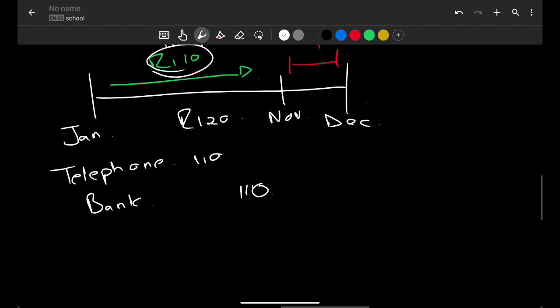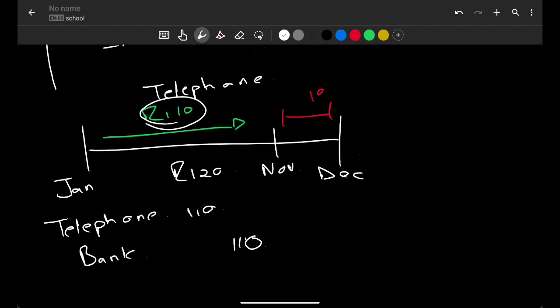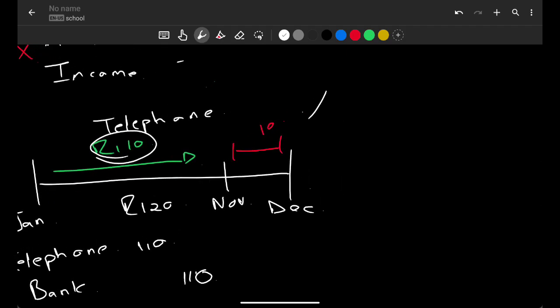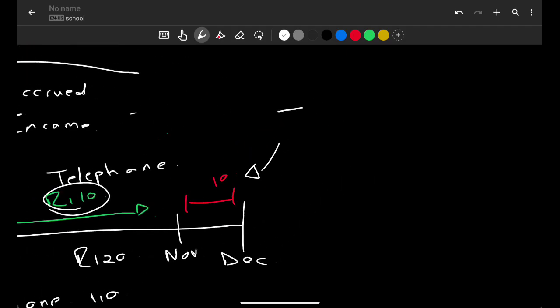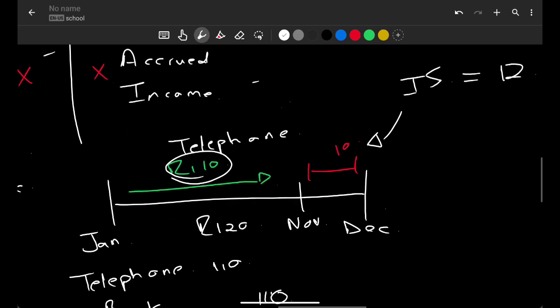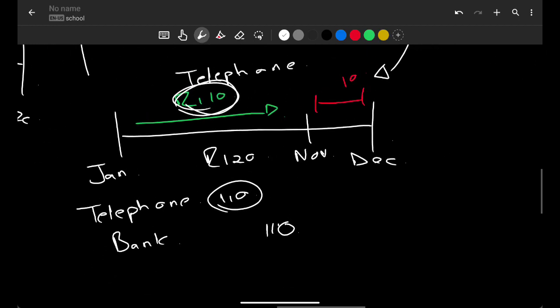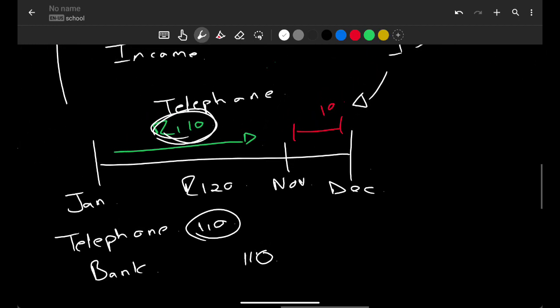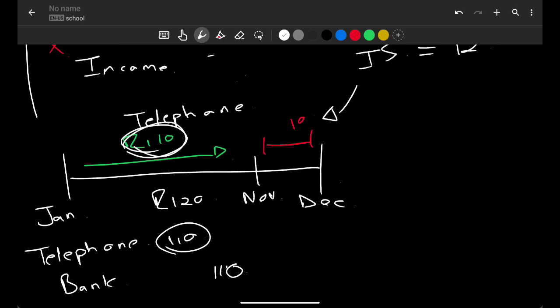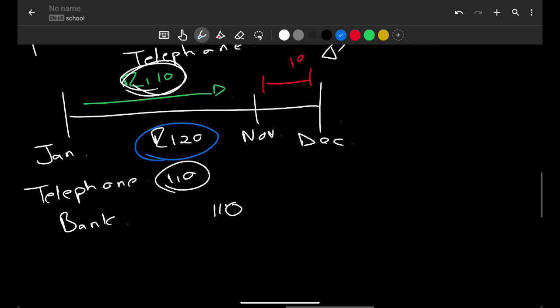right? But now remember we said whatever the case may be, your income statement must reflect 12 months. Saying that my telephone bill was 110 rand is not fair, because my telephone should reflect the full 12 months, and the full 12 months is the 120 rand.